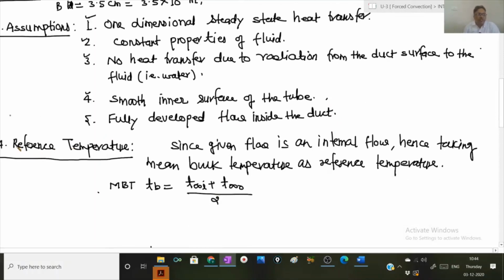Step number 4 is to obtain the reference temperature.